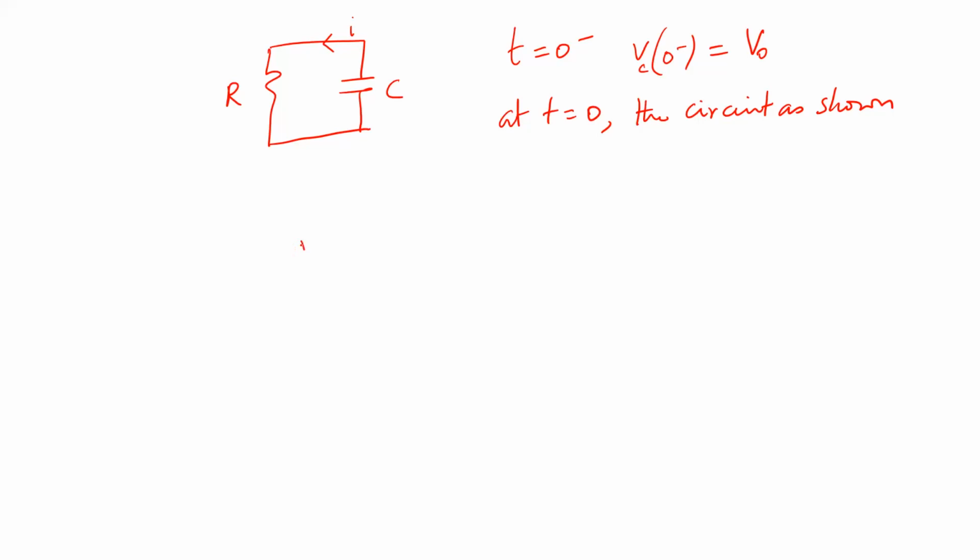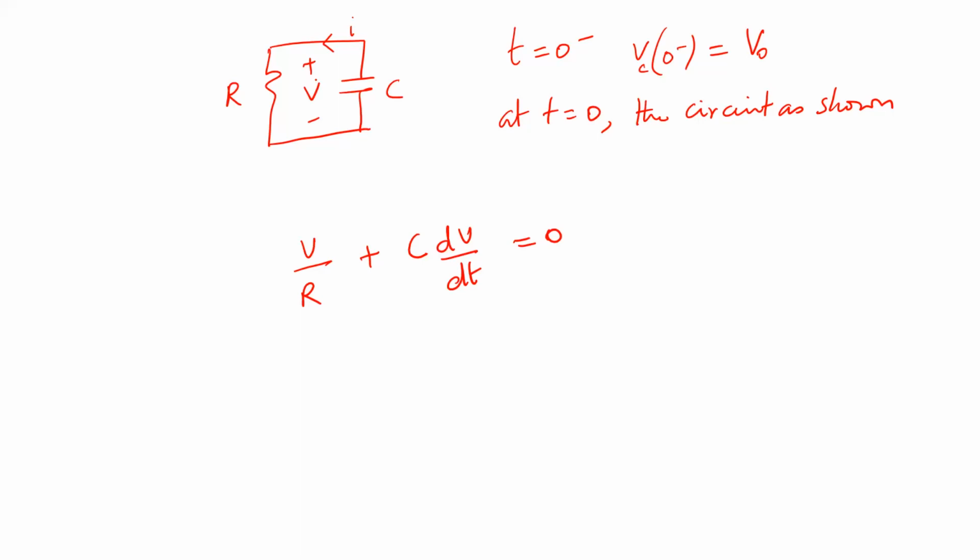So it is V by R plus C dV by dt equal to 0, where V is the voltage across both the resistor and the capacitor, because both are in shunt. You can think of it as shunt, series, whatever, but at the end of the day the voltage is the same.